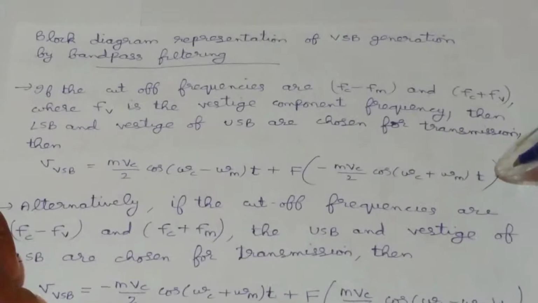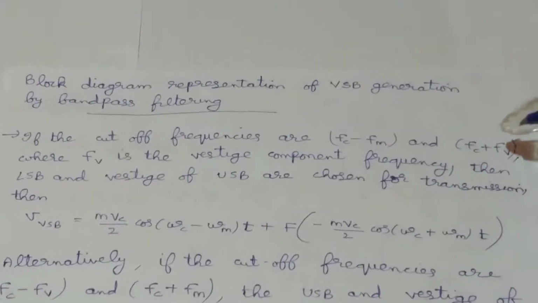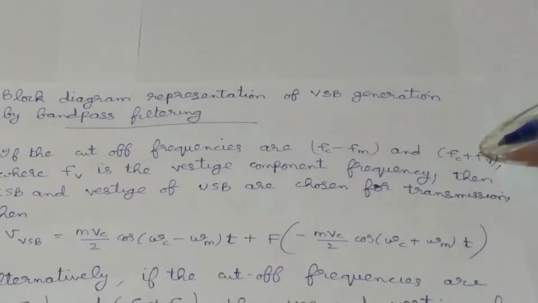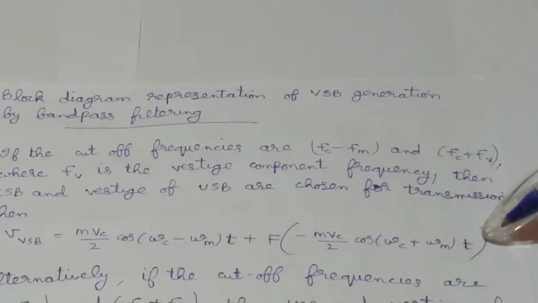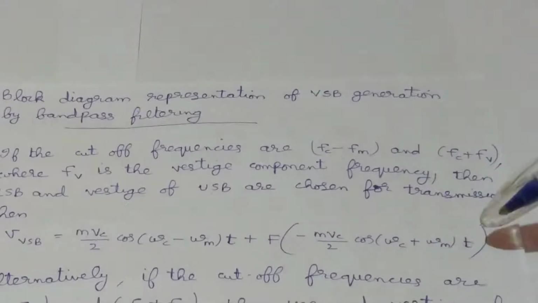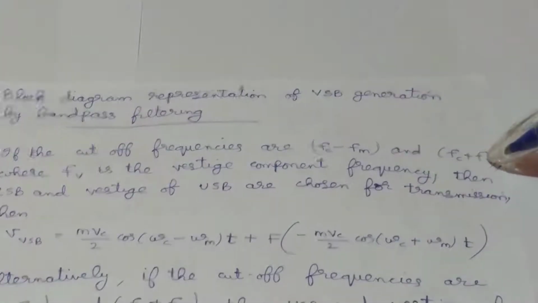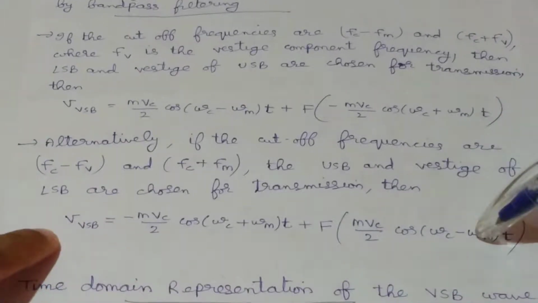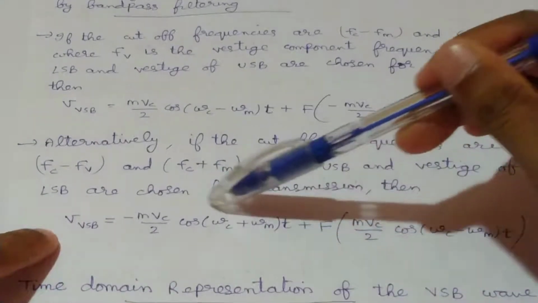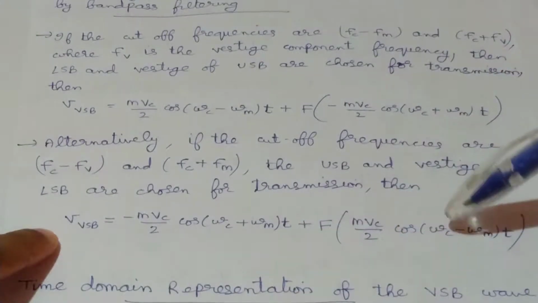When we consider this case, the fraction of the upper sideband component is from frequency Fc to Fc plus Fv. We know the full upper sideband component is from Fc to Fc plus Fm, but here we are transmitting only a fraction of it, from Fc to Fc plus Fv. And in this case, we are transmitting the upper sideband component completely plus a fraction of the lower sideband component.